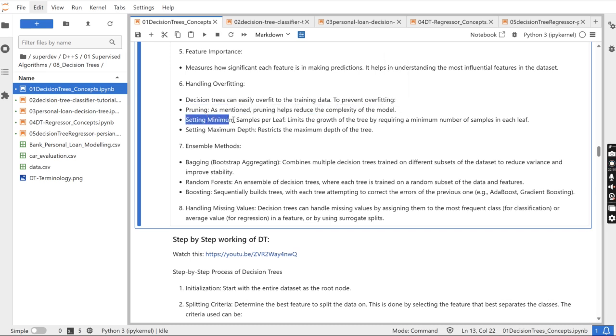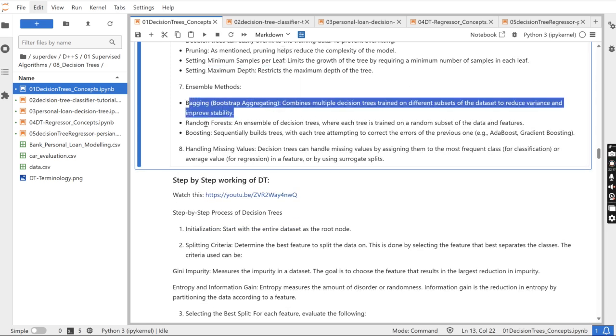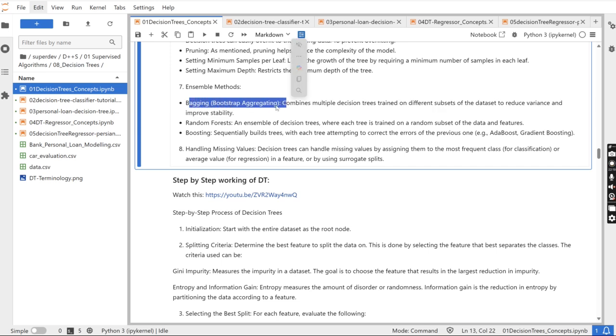We have to enable pruning, and limit the growth of the tree by setting the minimum samples per leaf as well as setting the maximum depth of the tree. Or we can use bagging. Bagging is called bootstrap aggregating. We will discuss how it works later.